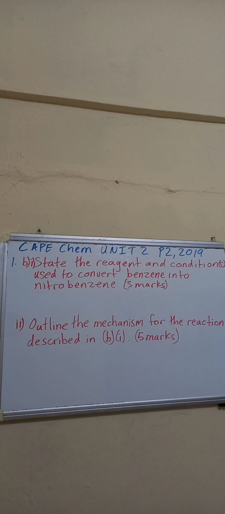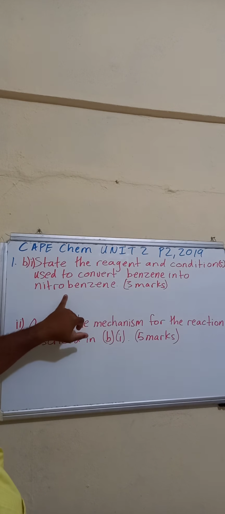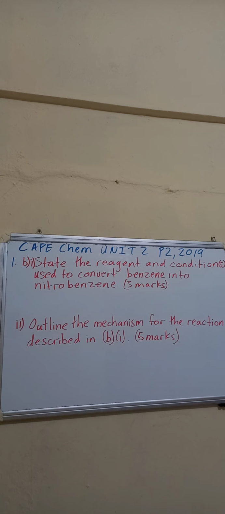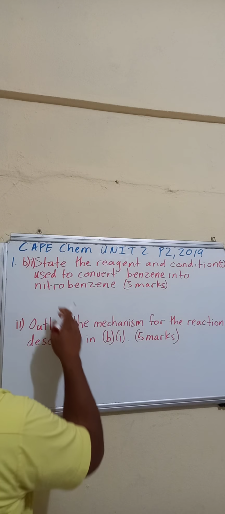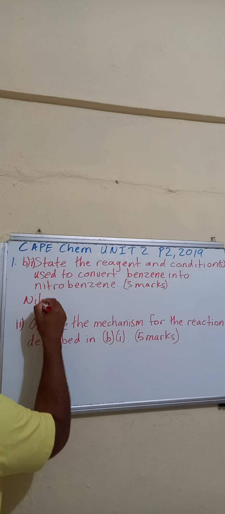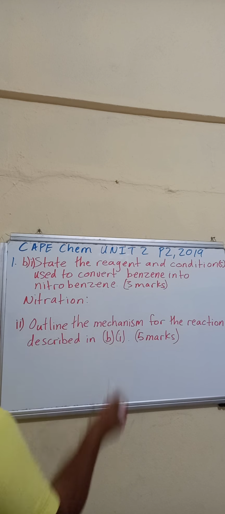So for part B of the question, it is asking us for the reagent and conditions to convert benzene into nitrobenzene, and then to do the mechanism. So if we are converting benzene to nitrobenzene, then the reaction is nitration of benzene.